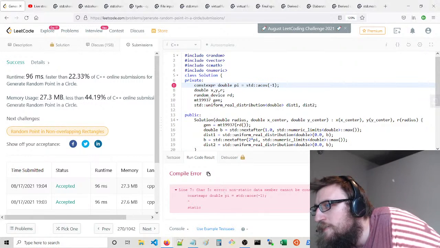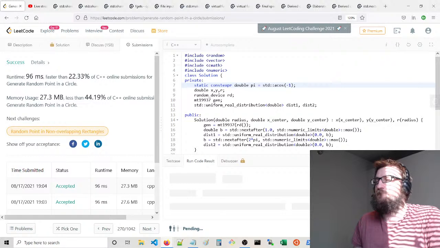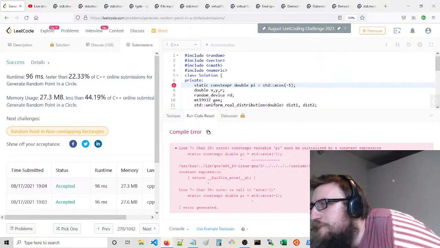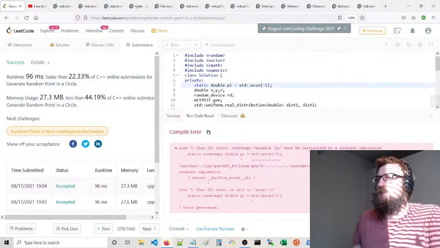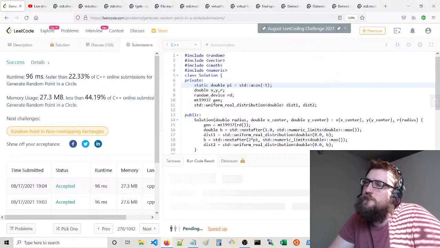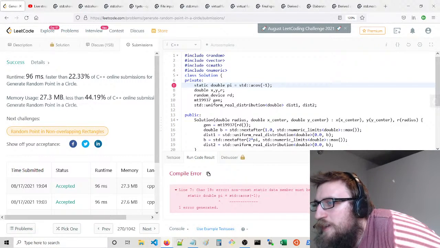Compiler. Static. Must be initialized by a constant expression. Oh no. Must be initialized out of line.